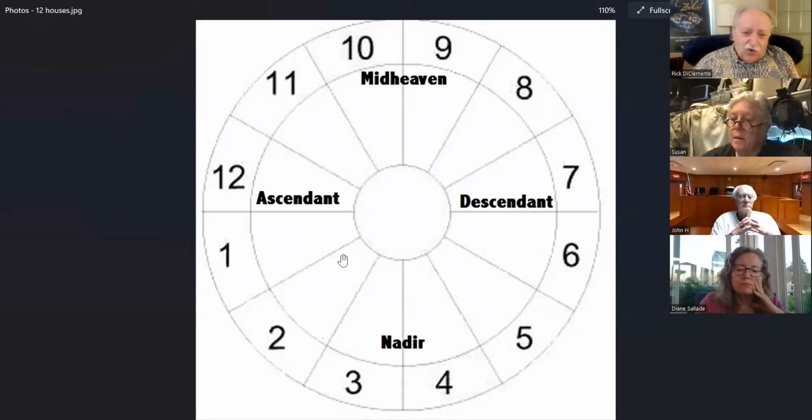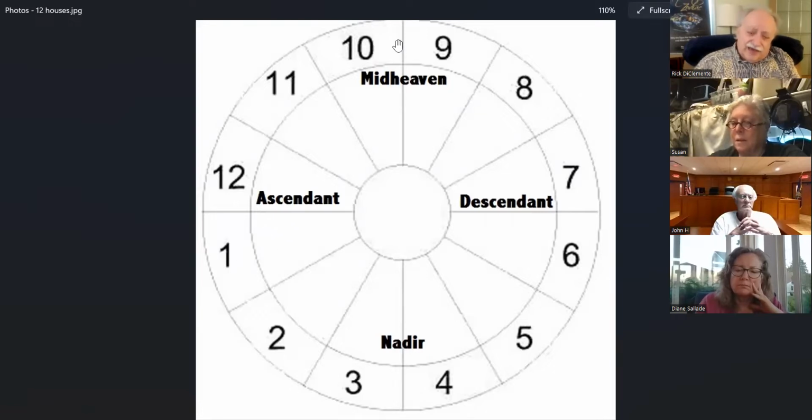The houses are overlaid over top of the zodiac. House number 1 is always in this area for everybody. Sometimes a little bit bigger, sometimes a little thinner, but it's in the area on your clock that's between 8 and 9 o'clock. Everybody's first house is in this area.